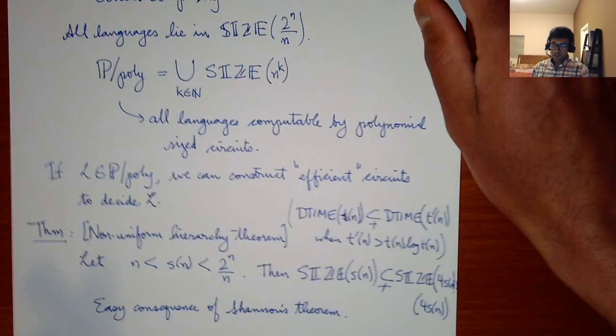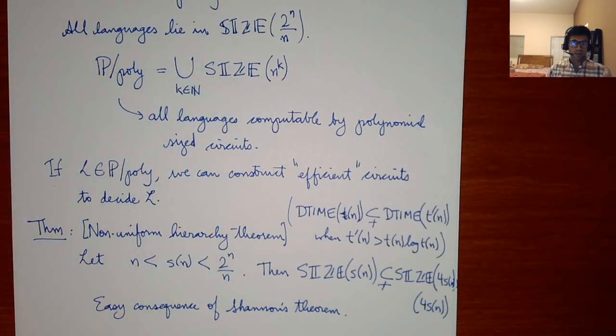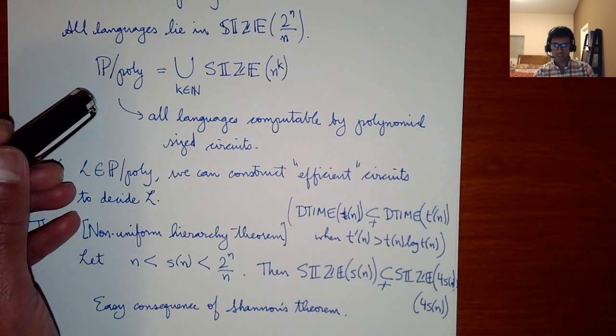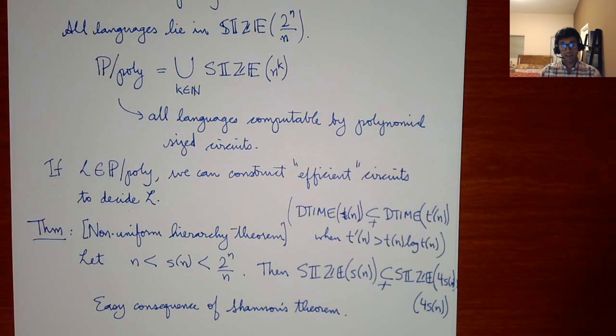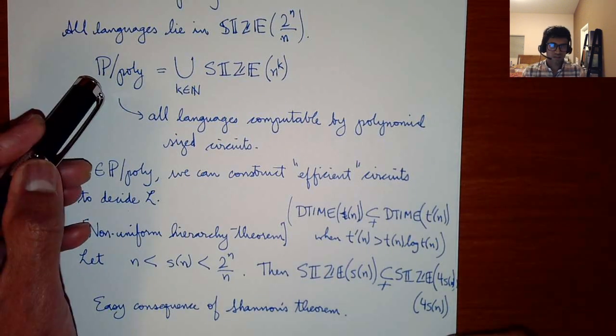And there is the definition of P/poly, which is all languages computable by polynomial sized circuits. The goal for the next lecture is to investigate the relationship between P/poly and NP, and also to understand the relationship of P/poly with P. It's not obvious that P, which is polynomial time, is contained in P/poly.